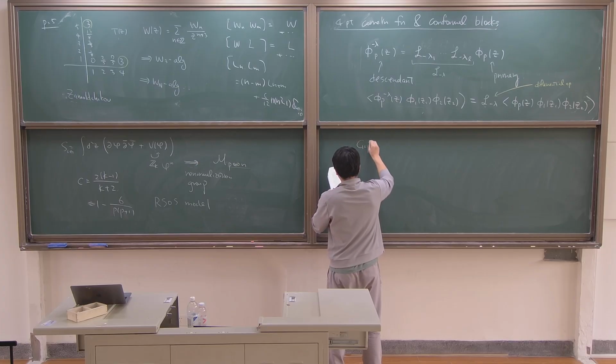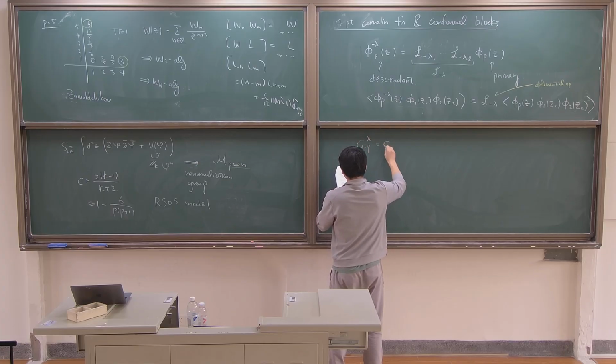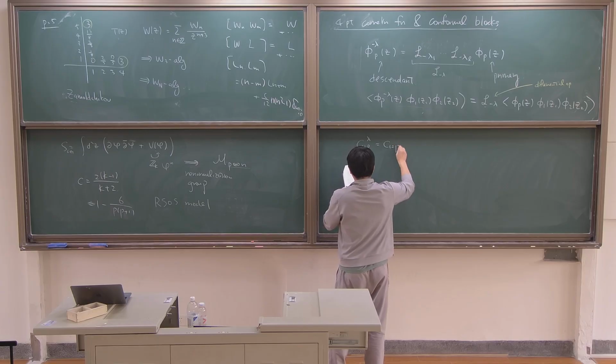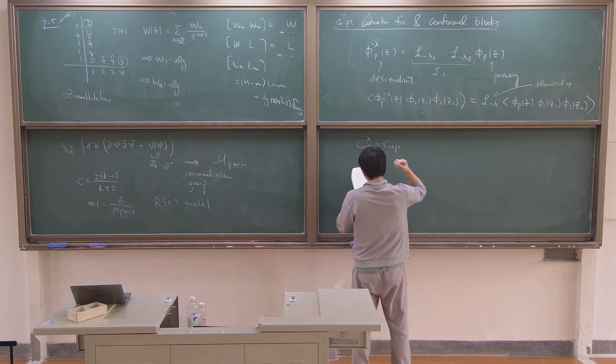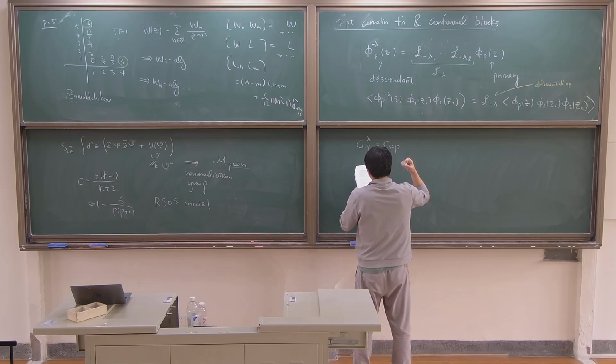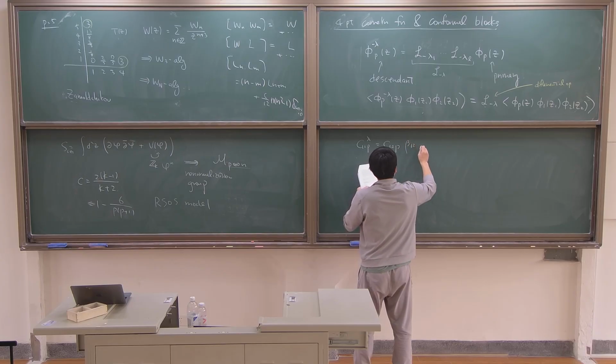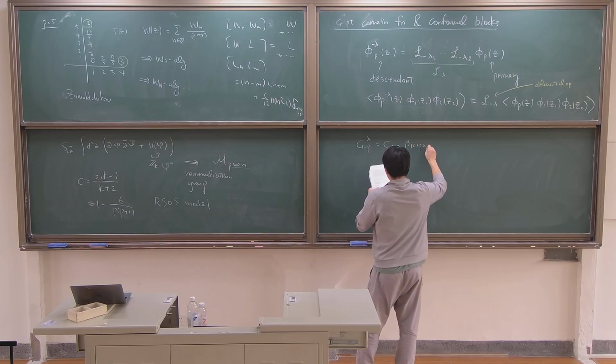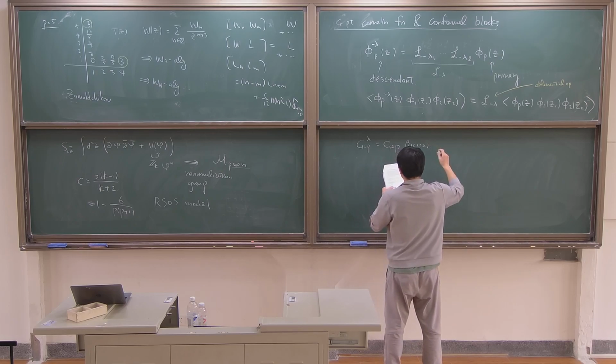C1 to P lambda is some C1 to P and then beta 1 to P lambda, and the anti-holomorphic part is important.